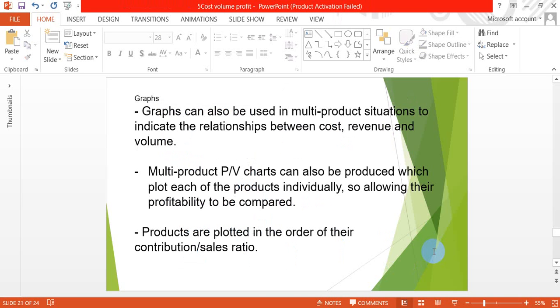We could also graph multi-product situations to indicate the relationship between cost, revenue and volume. We have a multi-product PV chart which can be produced, which will plot each of the products individually, allowing their profitability to be compared. The products are also plotted in the order of their CS ratios.